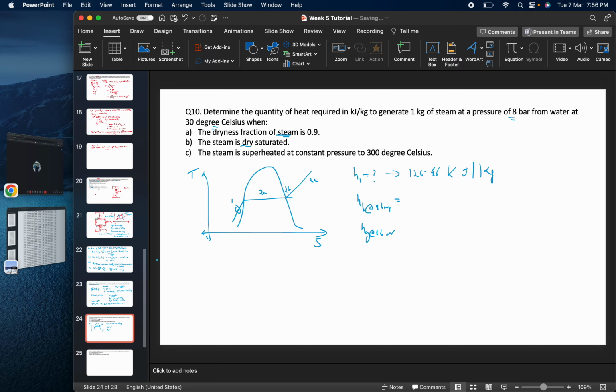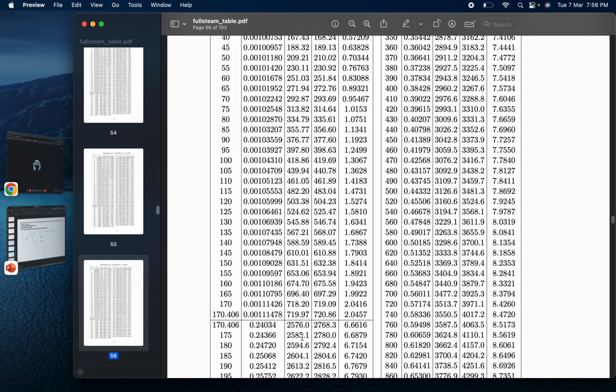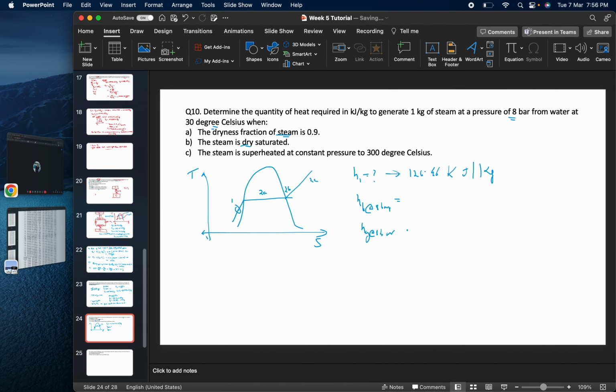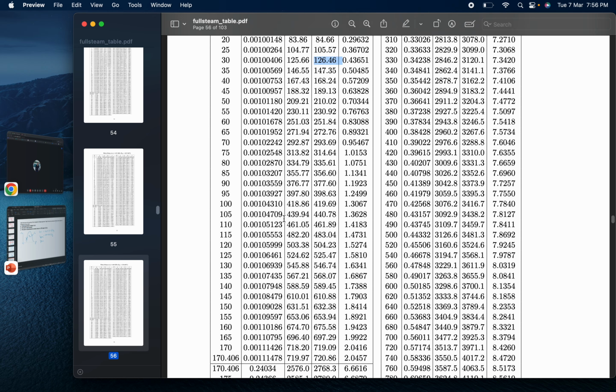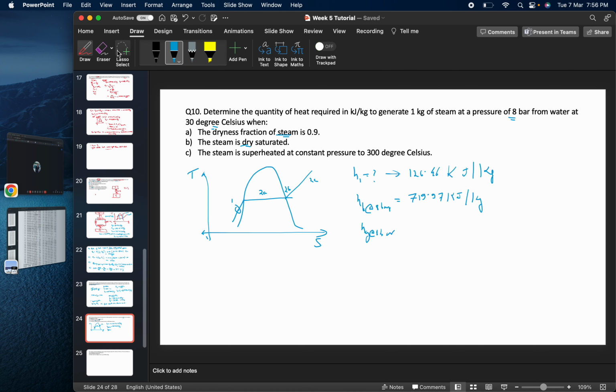HF is 720.86 kilojoule per kg, and Hg is 2768.3 kilojoule per kg.